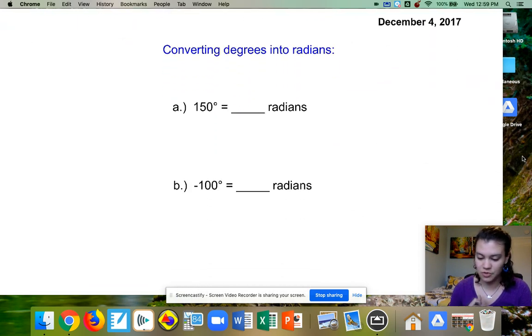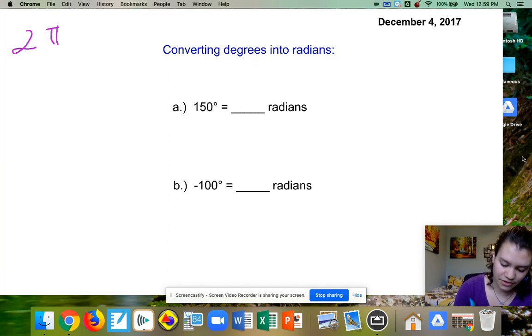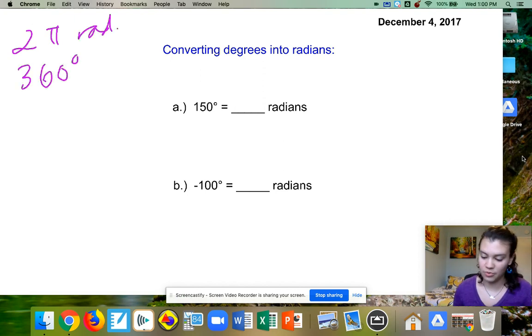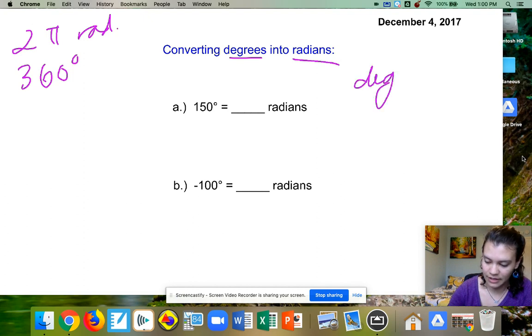To convert between the two of them, you can think of this here. 2 pi goes all the way around the circle, and 360 goes all the way around the circle. So this is your degrees and your radians to go once around. If we want to go from degrees to radians, we're going to start with our degrees here, and then we need to multiply by something to end up in radians.